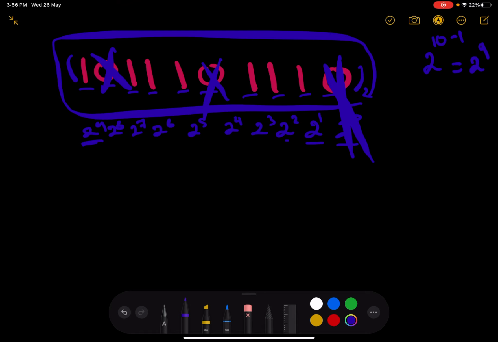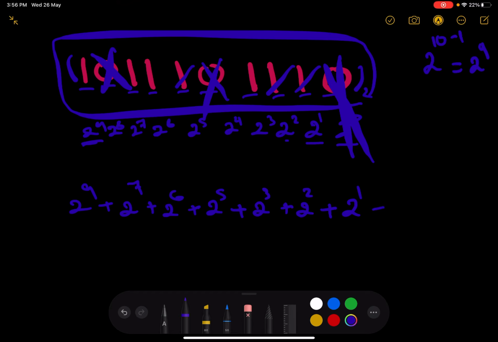So here we're gonna take 2 to the power 1 and 2 to the power 2 and 2 to the power 3, 2 to the power 5, 2 to the power 6, 2 to the power 7, and 2 to the power 9. We add all these numbers together. Just give me 1 minute.